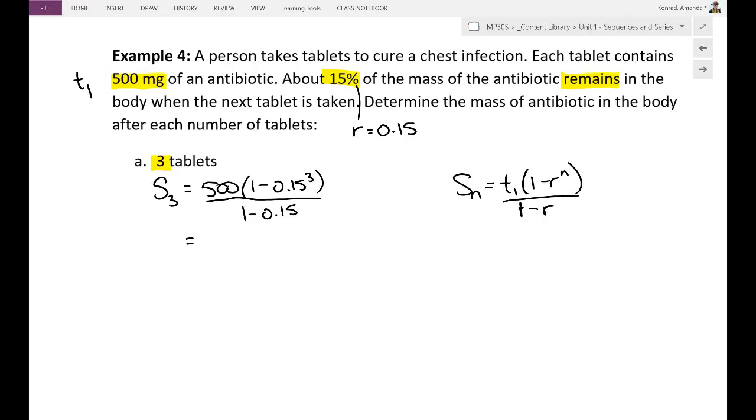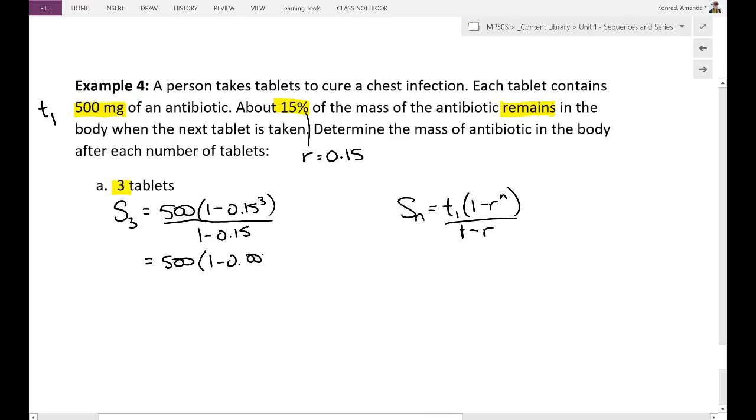From there, we plug and chug. So we've got 500, 1 subtract 0.15 to the power of 3, which is 0.003375. Again, you don't have to write down all these individual steps. We've got 0.85.